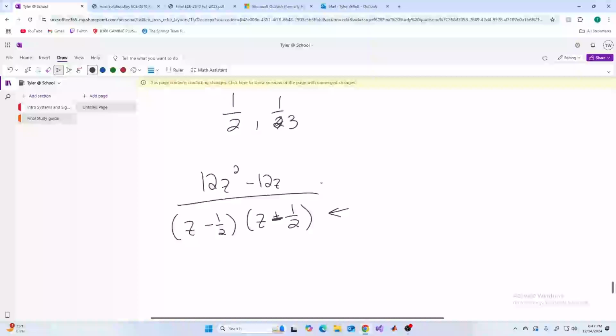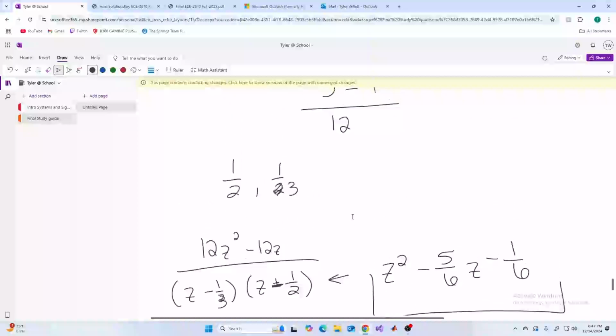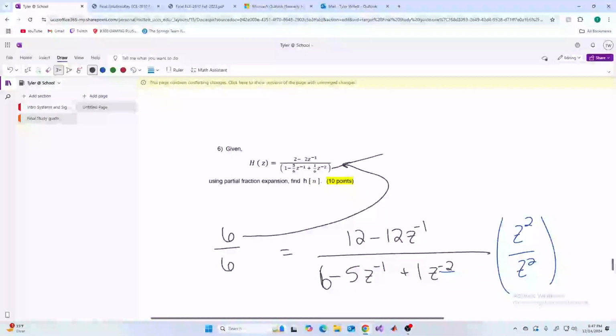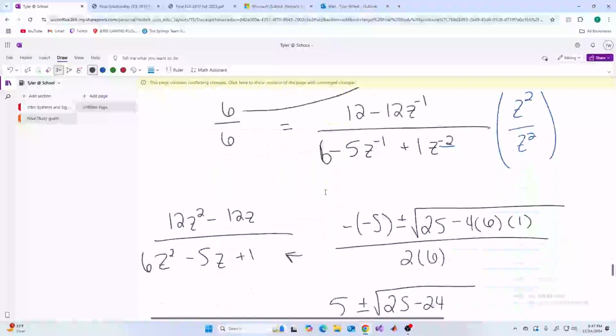What is this denominator down here? Let's solve for it, and we're going to get z squared minus 5/6 z plus 1/6. This answer here looks super similar because it is just this down here in positive z terms.